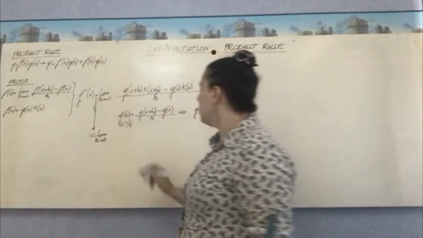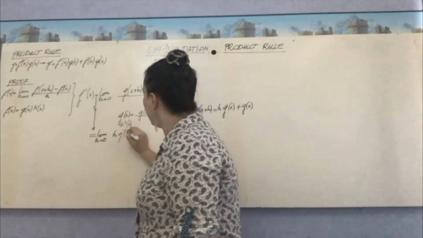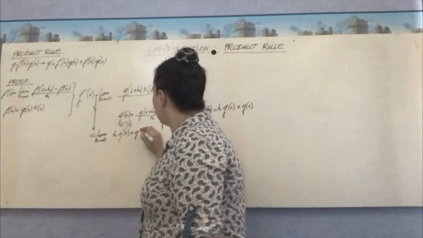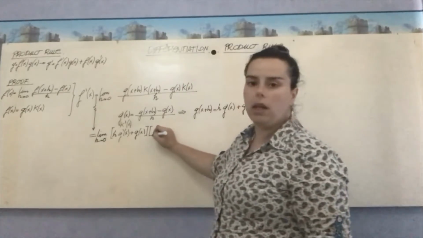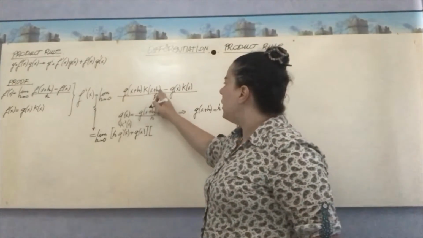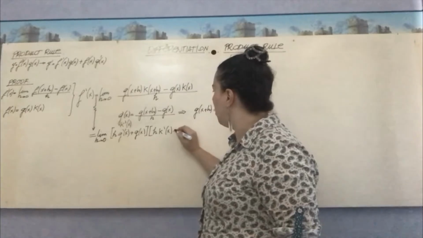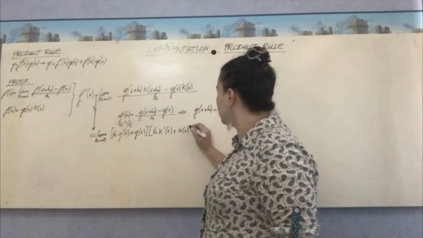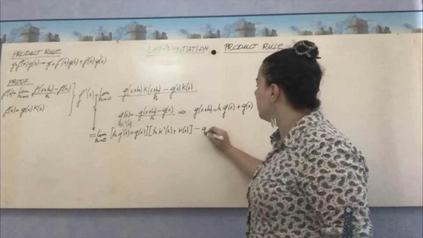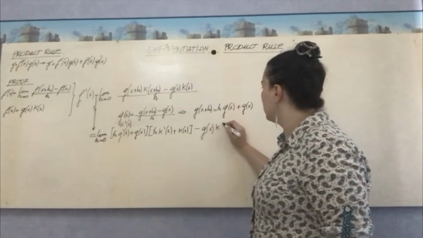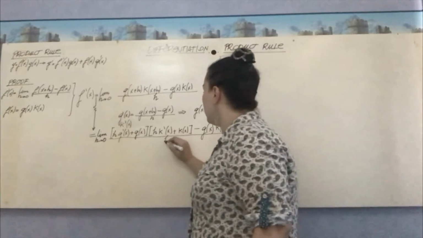So I can substitute: h g prime of x plus g of x, and all of that multiplying the same thing for k. K of x plus h would be h k prime of x plus k of x. And that's just a simple substitution, and then I haven't touched here, so minus g of x, k of x, all of that divided by h.